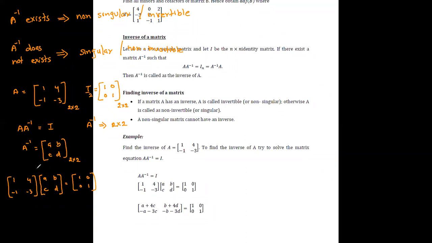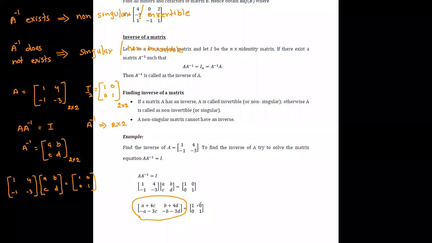Now first we can solve the left hand side of this equation. If you multiply these two matrices, the obtained quantity is included here, and this can now be considered as two equal matrices. Using the concept of equal matrices, we can obtain the values for a, b, c and d by equating corresponding elements.